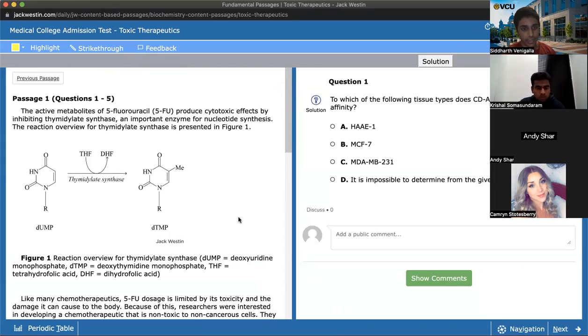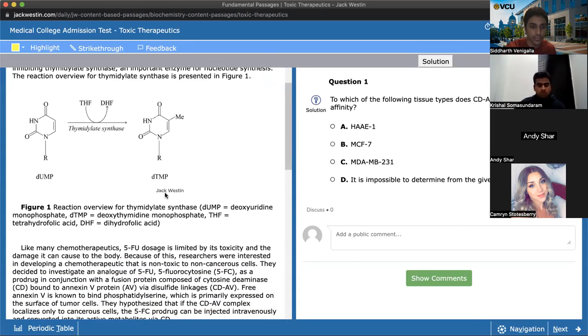And then it shows us that reaction. So that's the reaction here. So could someone read the second paragraph?